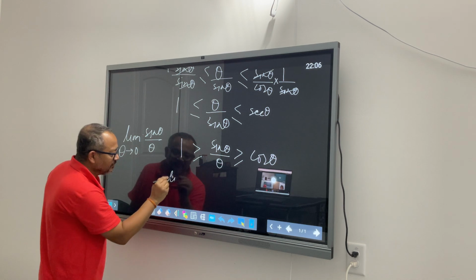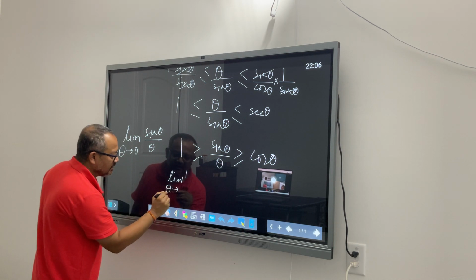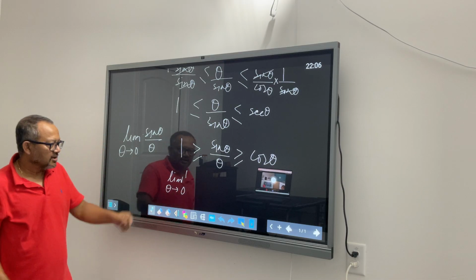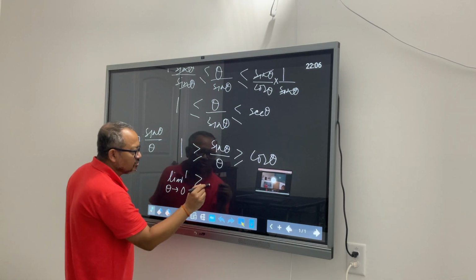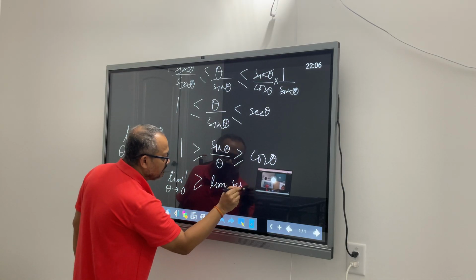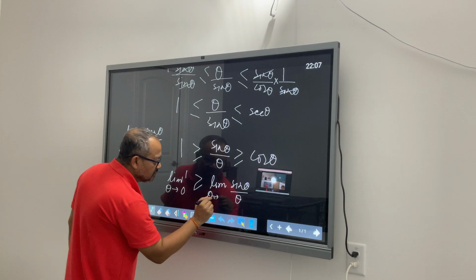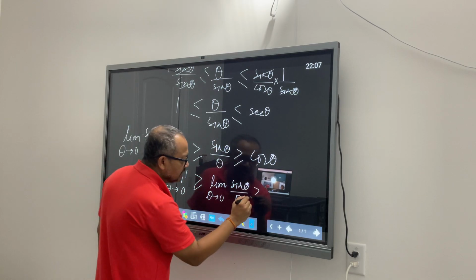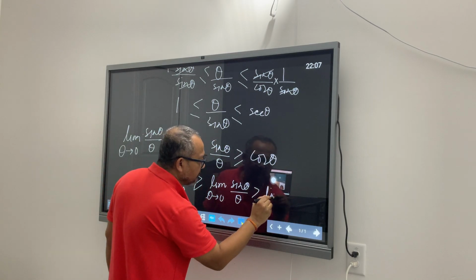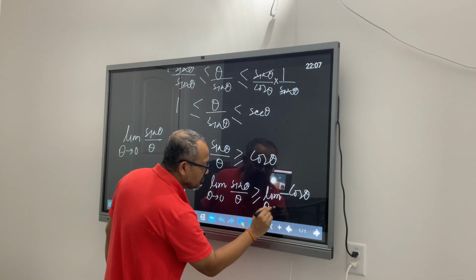Now, limit of 1 when theta is approaching 0 is greater than or equal to limit of sin theta by theta when theta is approaching 0, which is greater than or equal to limit of cos theta when theta is approaching 0.